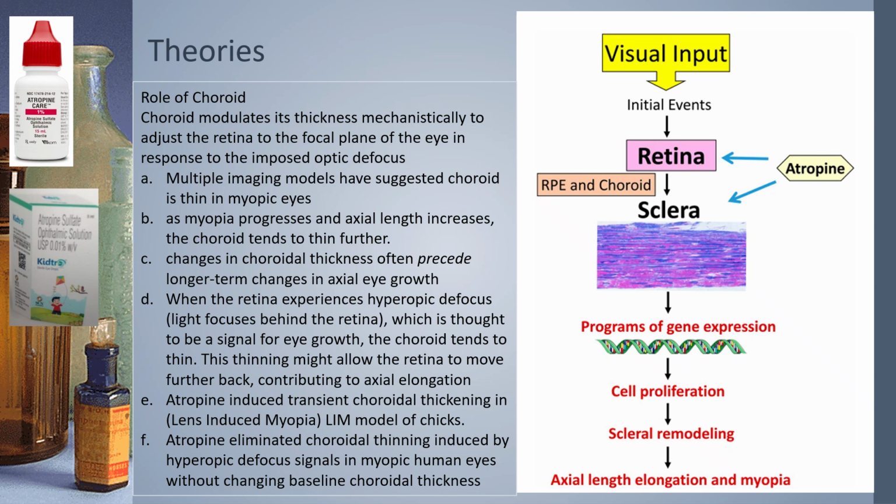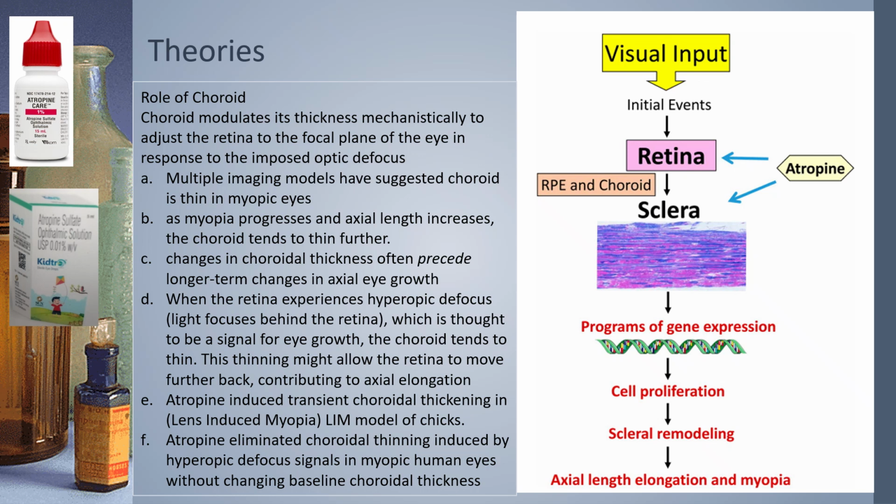And so atropine does induce transient choroidal thickening, at least in LIM models, which are lens-induced myopia models of chicks. Atropine also eliminated choroidal thinning, which was induced by hyperopic defocus signals in myopic human eyes, without changing baseline choroidal thickness.